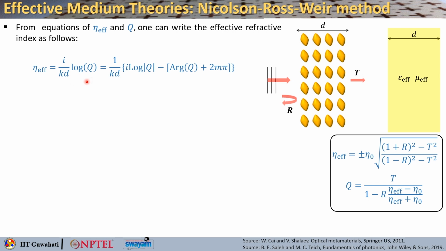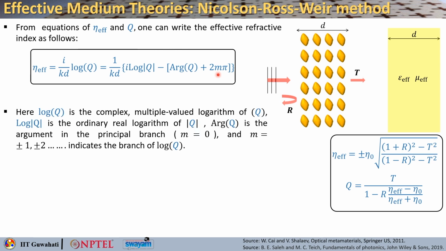So, once you know the value of eta effective and q, you can write down n effective as i by k d times log q, and you can expand this as 1 by k d times i log of modulus q minus argument of q plus 2 m pi. Now, here you will see that log q is the complex multi-valued logarithm of this quantity q.